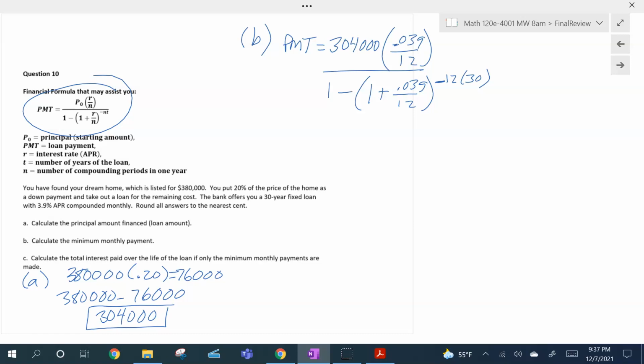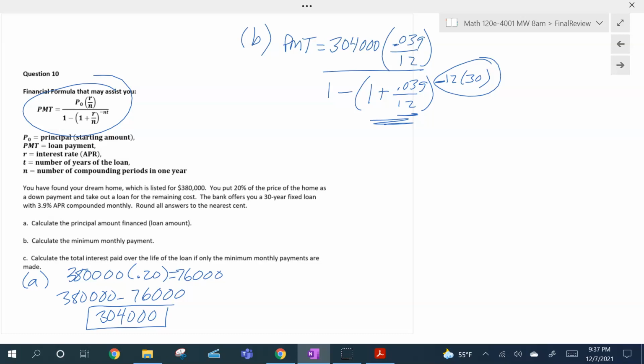Okay. So what I want to do is 0.039 divided by 12 first. That gives you 0.00325. Add the 1 to it and I get 1.00325 to the negative 360. That gives me 0.319. Now I'm going to go 1 minus that number.